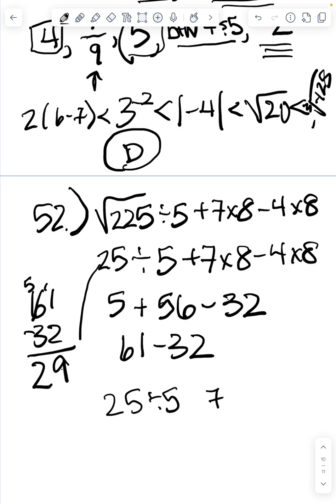I'm coming down here, and I'm going to say, let's get rid of this. 25 divided by 5 plus 7, wait, it should be 8.